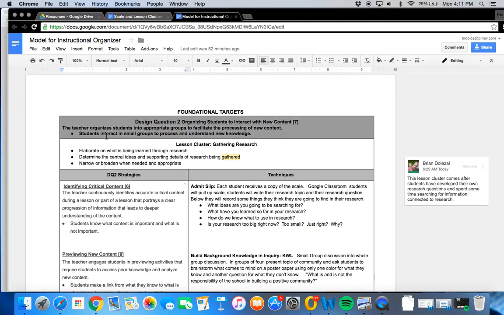Today I would encourage you just to play around a little bit with the instructional strategies, look at some of your lesson clusters and the targets that are in those lesson clusters, and use different instructional strategies with different techniques. There's not a one-to-one correlation between strategies and techniques per se. It's what mental processes you're going after with your techniques to get at the learning targets, which is going to help you choose your instructional strategies.